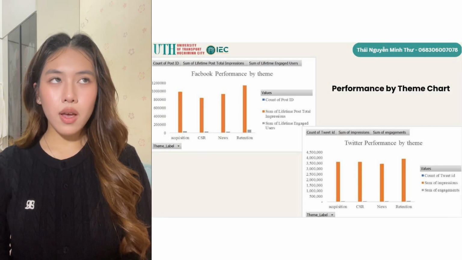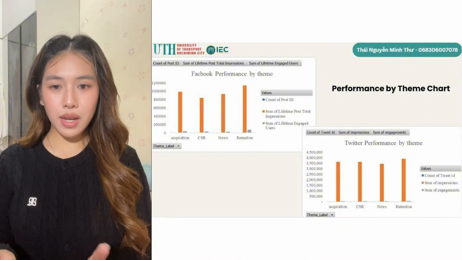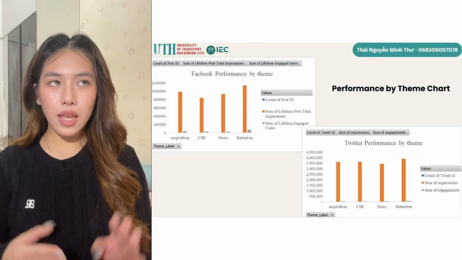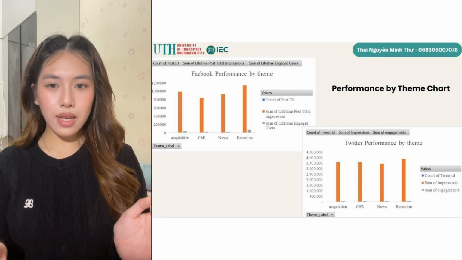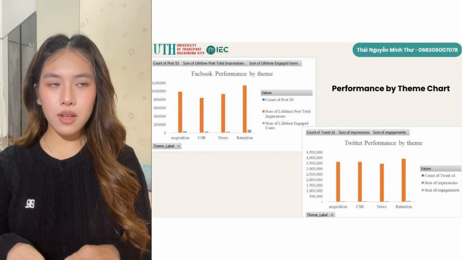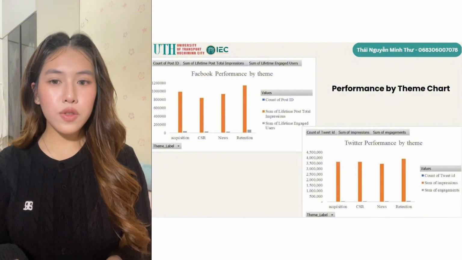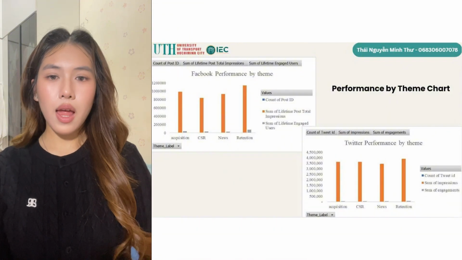A post can have many impressions but still receive very little engagement. In that case, people see the content but are not interested enough to interact with it.